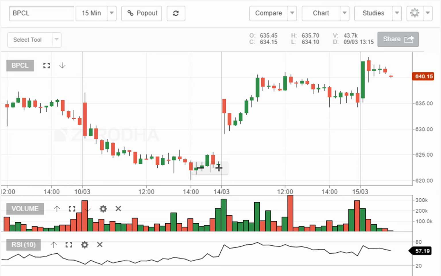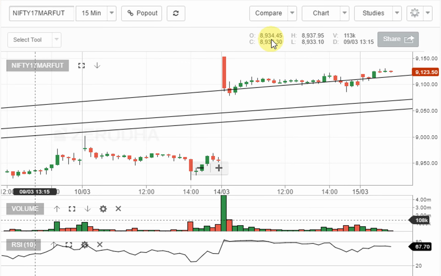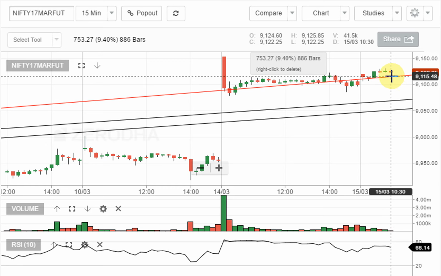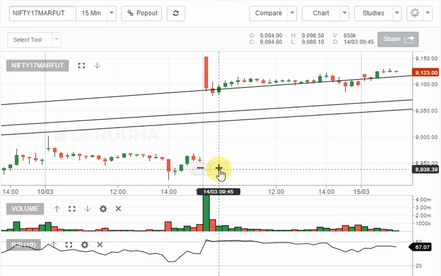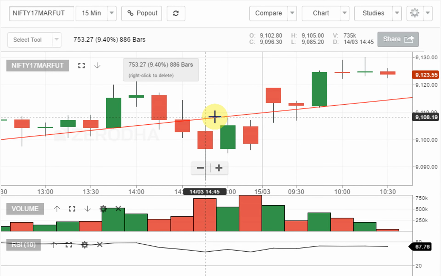BPCL already broke the support. Oh, great. Already breaking the support. Okay.